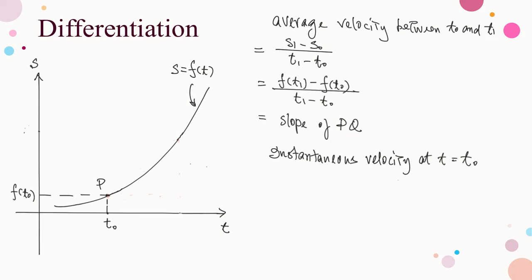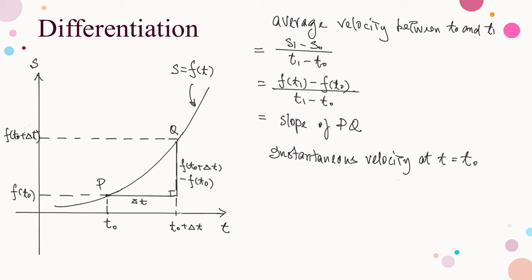Let us introduce a variable delta t, a small increment of t. When delta t gets smaller, the average velocity gives a better approximate answer. As a limit, delta t approaches 0. This fraction gives the exact value of the instantaneous velocity of the particle at time t0.